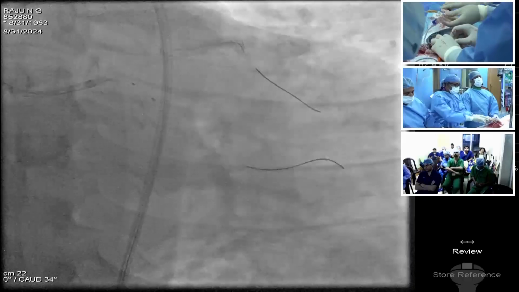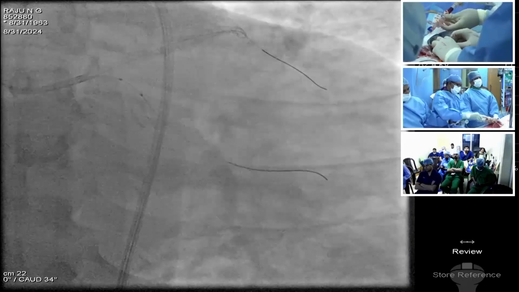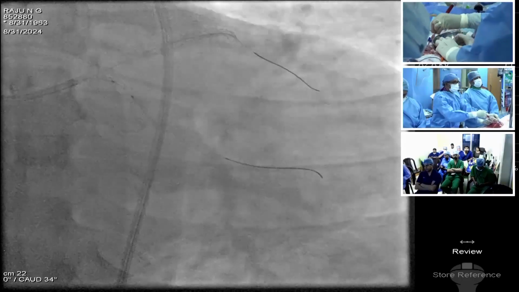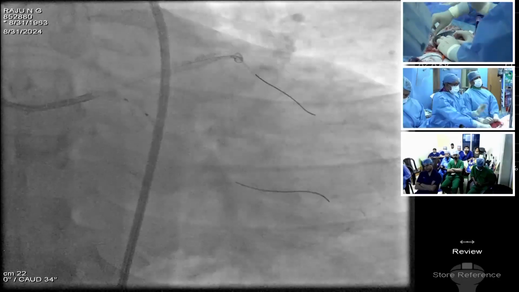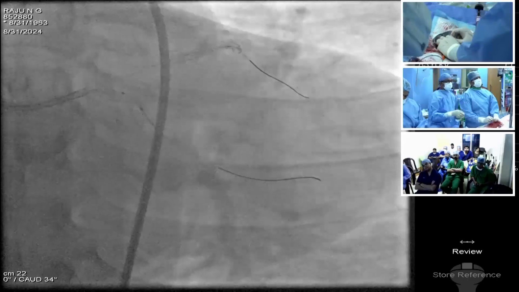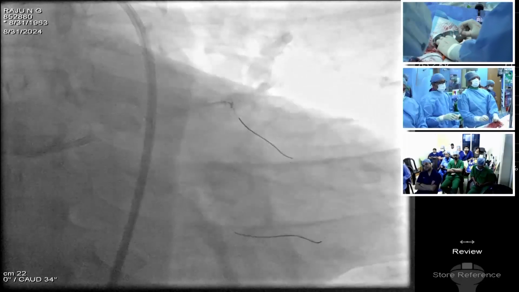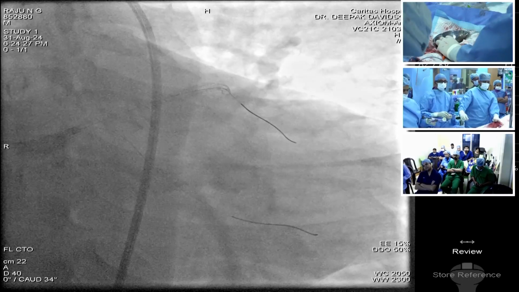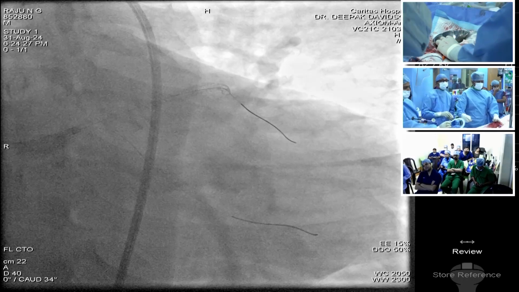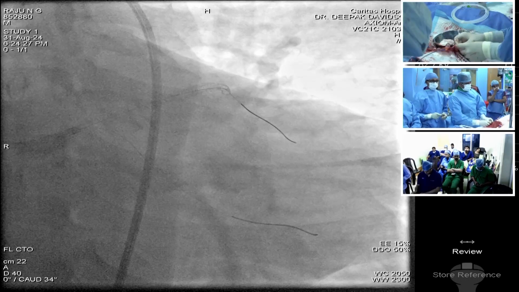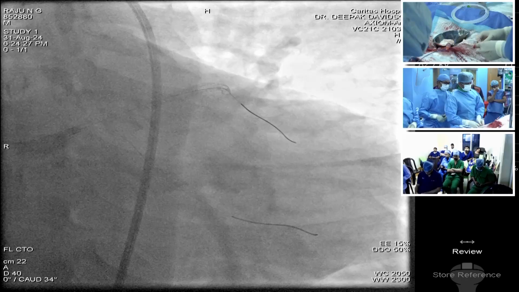Now get the 3.25 balloon. We'll take this out. Okay, 3.25 balloon for the LAD, and be ready with a 3.3 and do 3 into 23 for the stent.